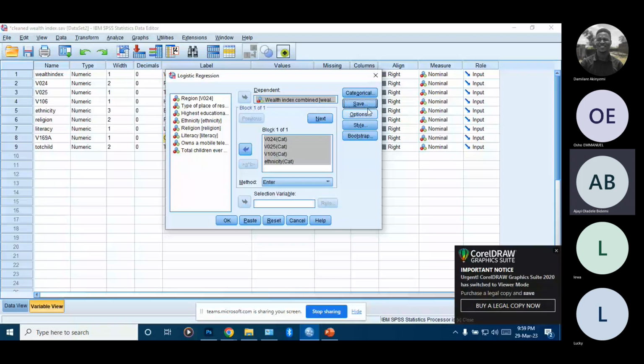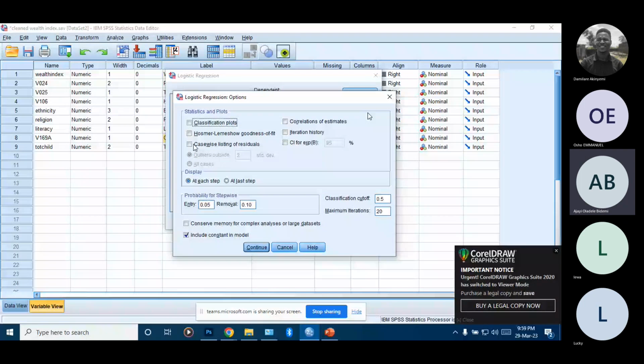But for tonight, let's check the Hosmer-Lemeshow goodness of fit test, and let's choose the confidence interval for the exponential of the parameters. So I check the two of them and I'm good to go. The bootstrap, we don't need it as well.